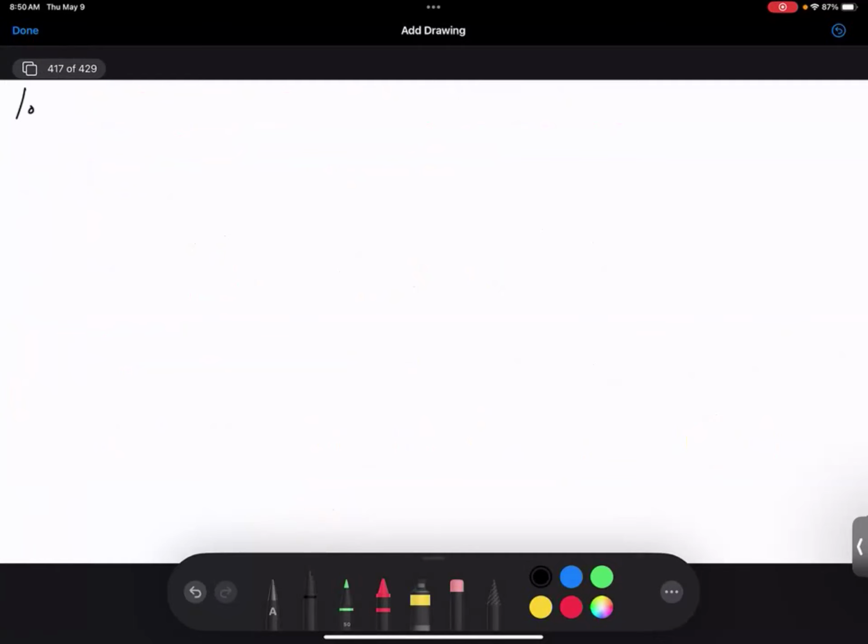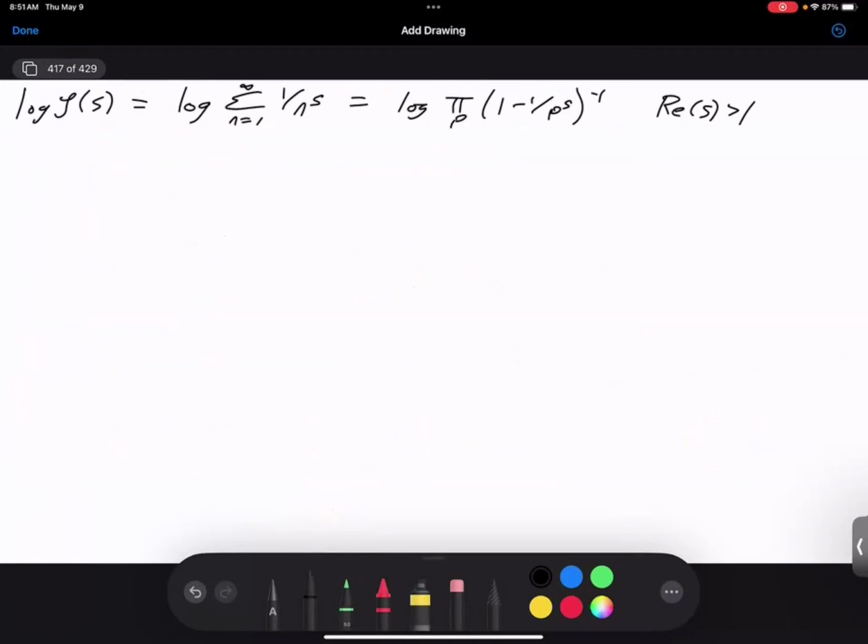So let's look at the log of zeta of s. That's going to be the log of the sum, n goes from 1 to infinity, of 1 over n to the s. And that's going to be the log of the product over primes of (1 minus 1 over p to the s) inverse, at least if the real part of s is greater than 1. All right.